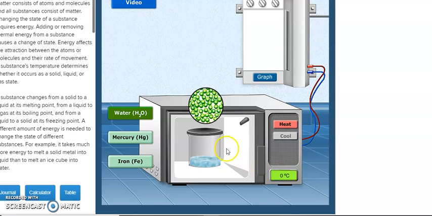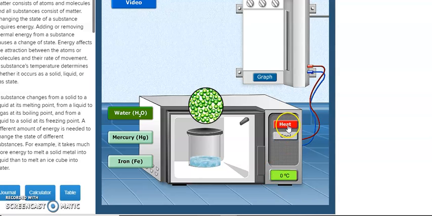So we conclude that the solid melts and becomes water at a temperature of 0 degrees Celsius. You can see the particles, how they are spread out, and there are gaps between them.